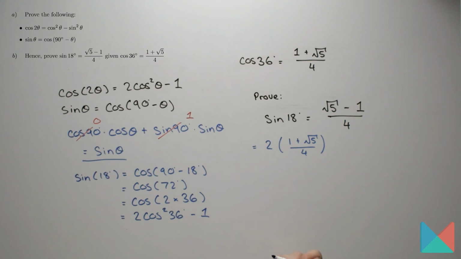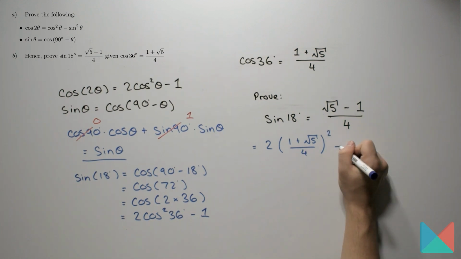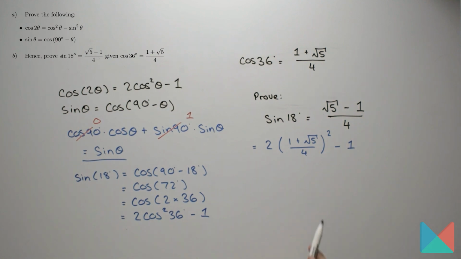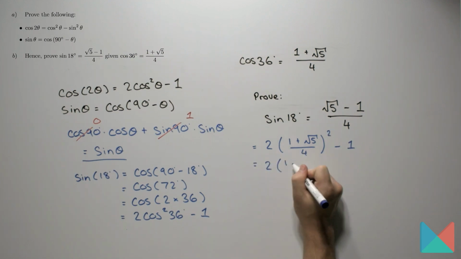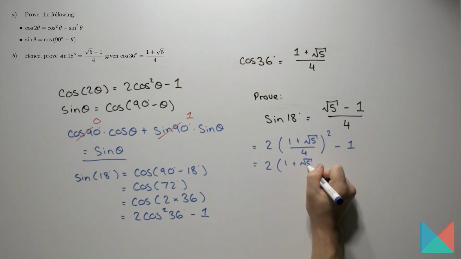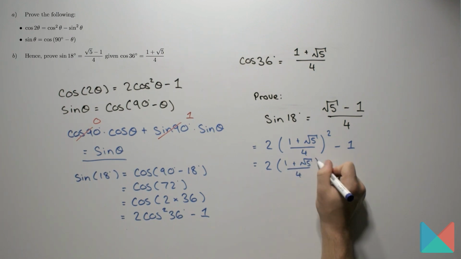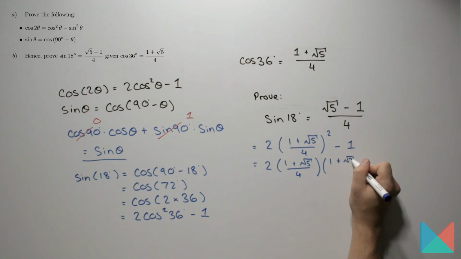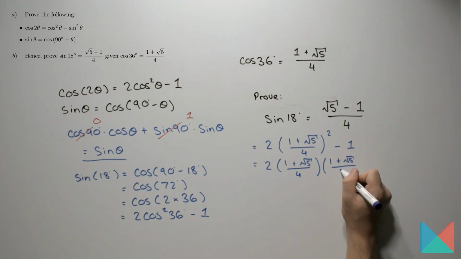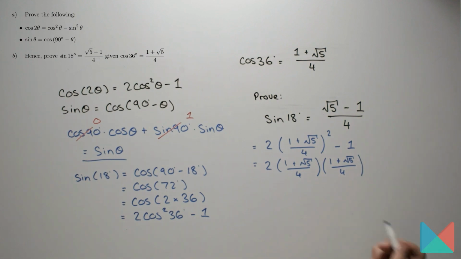And we had cos of 36 squared, so this exact value is squared, and we're just subtracting 1. And so what we can do is start to simplify this, and hopefully we'll get the result that we're looking for. So let's start by making double brackets. So we'll have 1 plus the square root of 5 over 4 times 1 plus the square root of 5 over 4, because the result is squared.